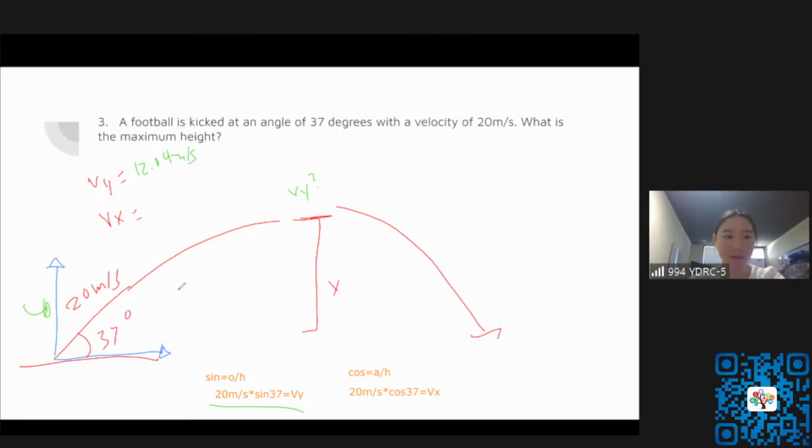Anybody? Everybody should be answering this because I said this multiple times. Jamina, I'm not asking that. What is the vertical velocity at the highest point?